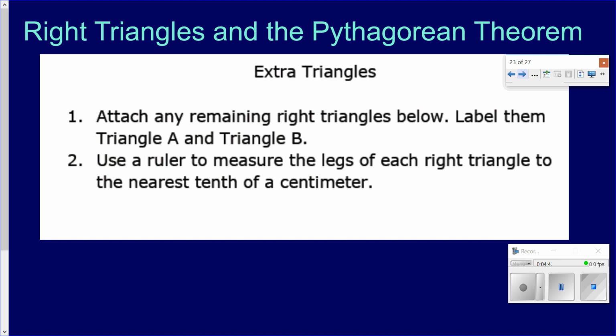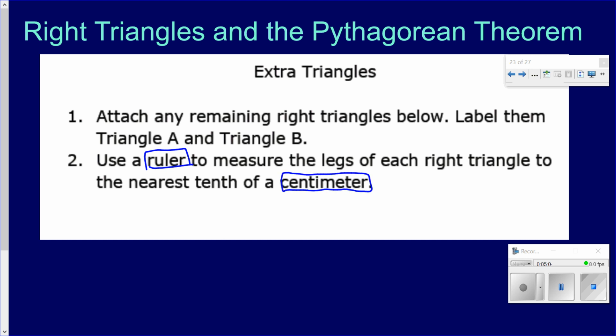Okay, so I want to explain your directions for the extra triangles page. On this page, you're supposed to go ahead and attach your remaining triangles. If you haven't done that, please do that. And then it says use a ruler to measure the legs of each right triangle to the nearest tenth of a centimeter.